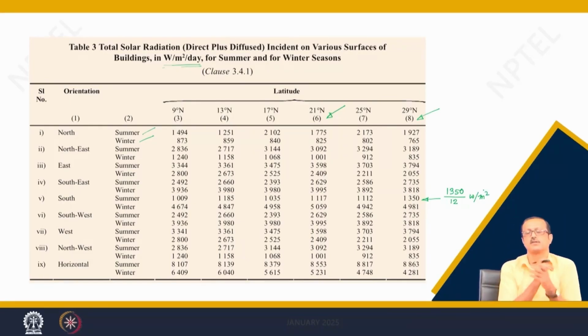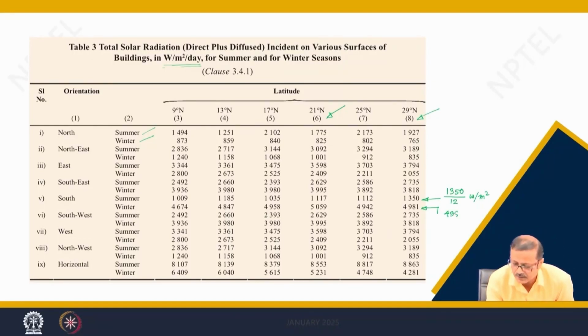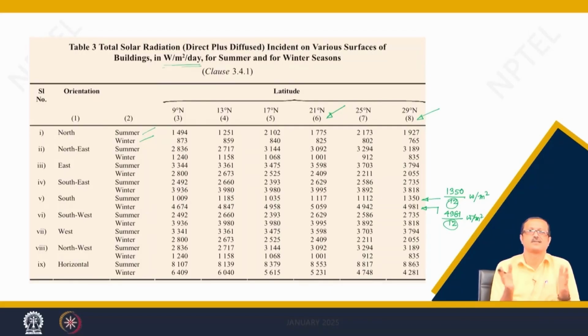The winter month will receive more in Delhi. See, this is the winter of Delhi, which is 4981 by 12 watt per meter square, because this is my assumption that 12 hours is the total radiation duration. It may not be exactly 12 hours, it also fluctuates between the summer and winter months, but let us assume 12 hours.